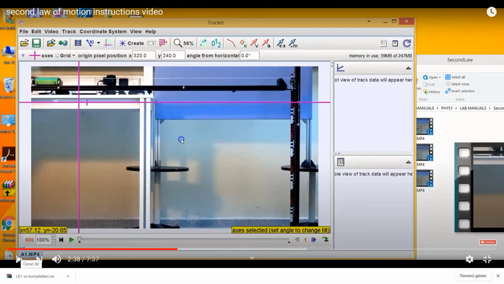Since the position information is defined with respect to a point, we should place the coordinate system at a specific point.